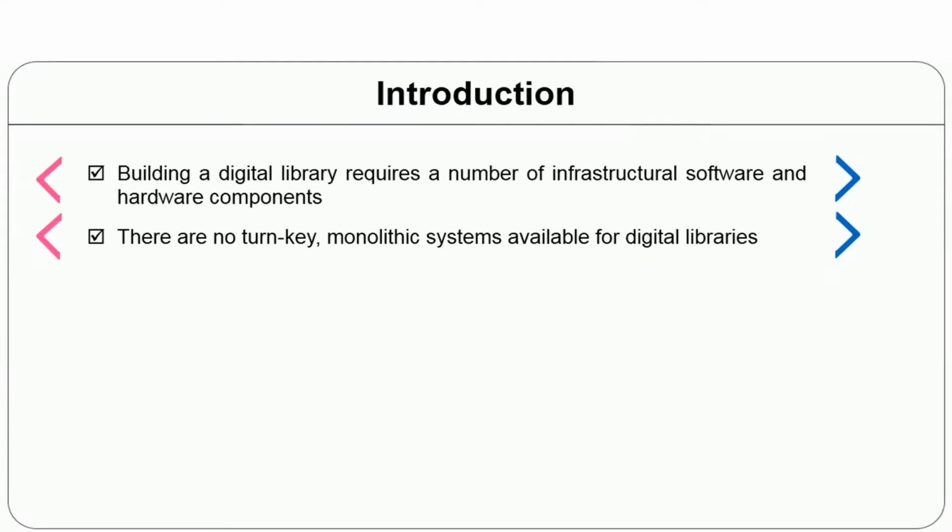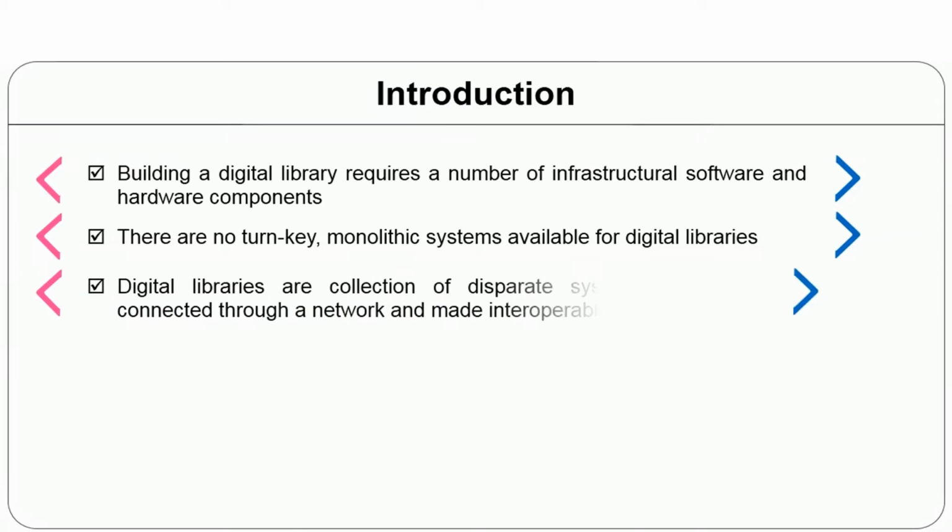This gives a challenge when digital libraries are created. There could be different systems interacting with each other. So digital libraries are collections of disparate systems and resources connected through a network and made interoperable.